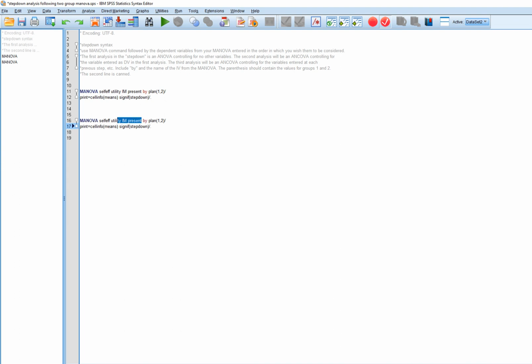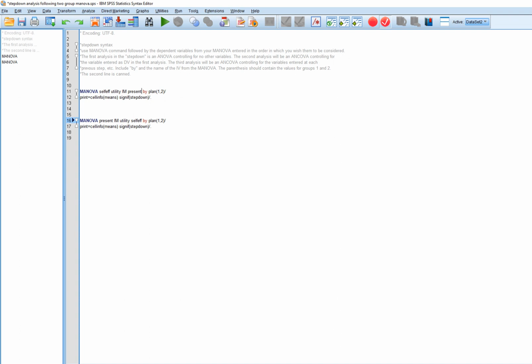Let's say I want to use present first, followed by intrinsic motivation, perceived utility, and self-efficacy. I can do that, in which case present would be in a standard one-way ANOVA, followed by intrinsic motivation, which would be an ANCOVA, controlling for present, then utility, and then self-efficacy. So let's take a look at both of these approaches so you can see them.